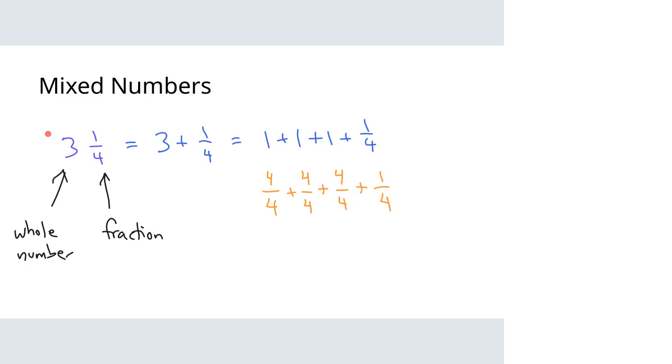So what I've done is I've said 3 1/4. I could write that as 3 plus 1/4, which I could rewrite as 1 plus 1 plus 1 plus 1/4. And that I could rewrite as 4/4, 4/4, 4/4, and 1/4. Those all have a common denominator, so I can add those together, and it's 4, 8, 12, 13 fourths.